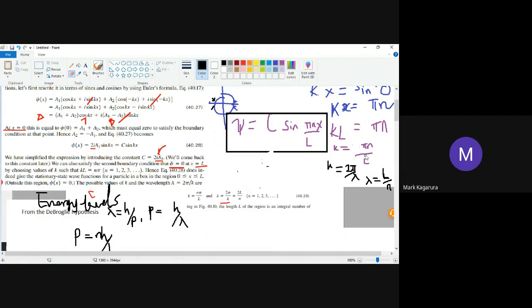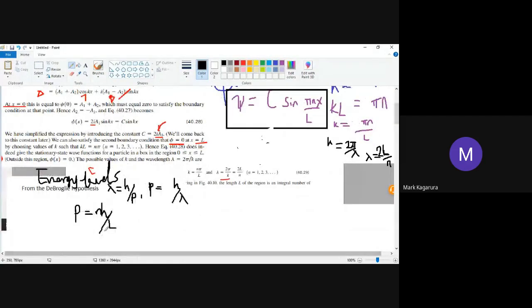So lambda is, so that pi goes, and then there's going to be a 2 here, a 2 over there. So there's going to be a 2 there.